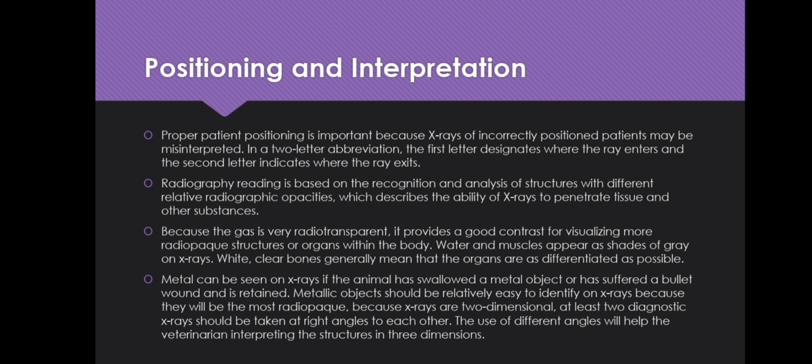Because X-rays are two-dimensional, at least two diagnostic X-rays should be taken at right angles to each other. The use of different angles will help the veterinarian interpret the structures in three dimensions.